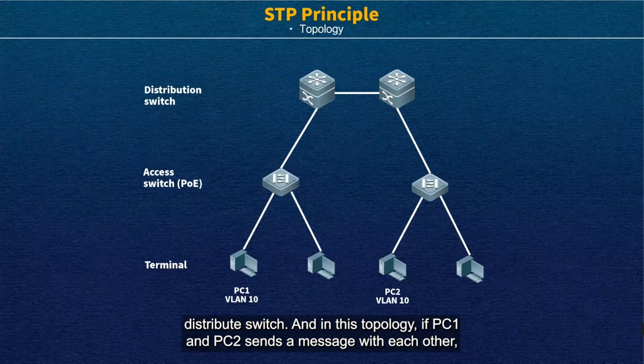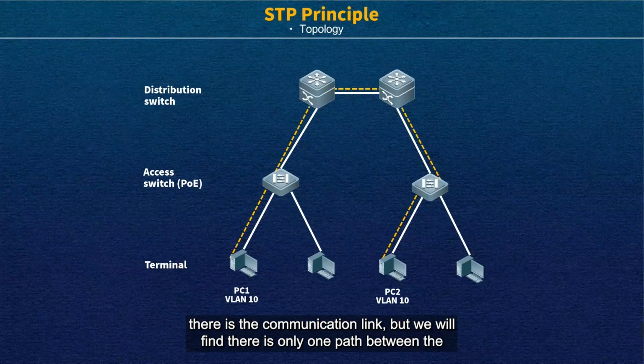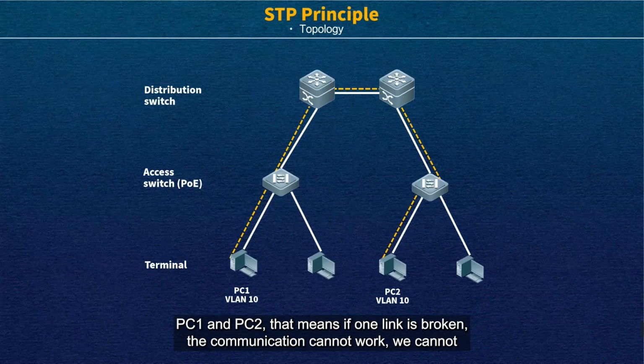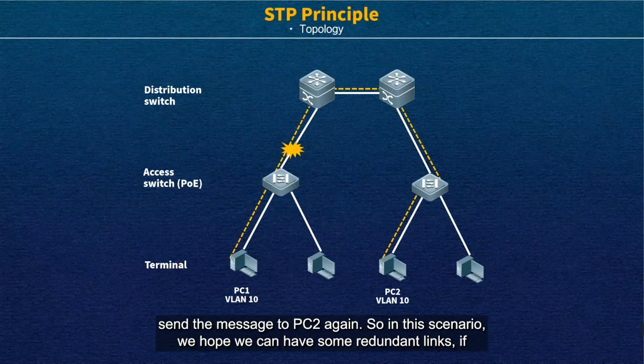If PC1 and PC2 send messages to each other, there is a communication link, but we will find there is only one path between PC1 and PC2. That means if one link is broken, the communication cannot work. We cannot send the message to PC2 anymore. So in this scenario, we hope we can have some redundant links.